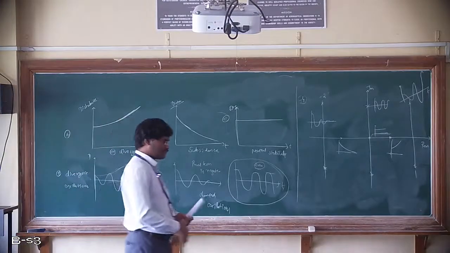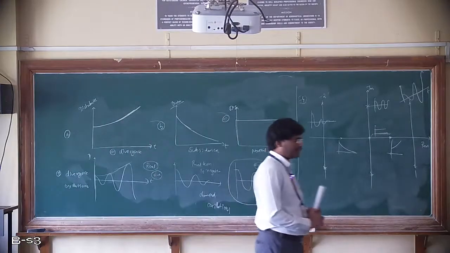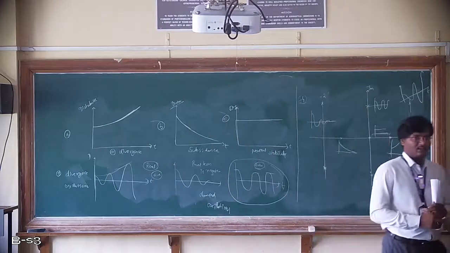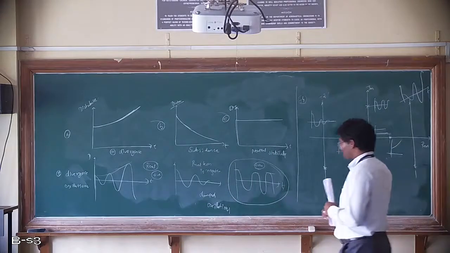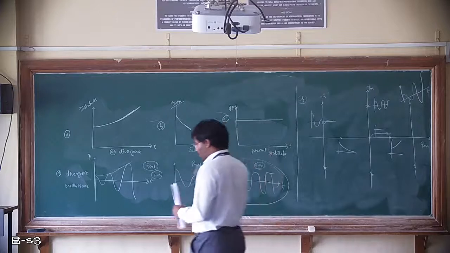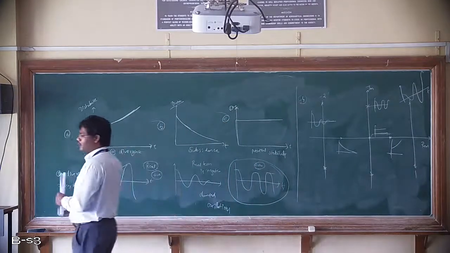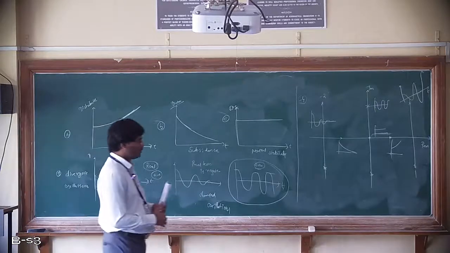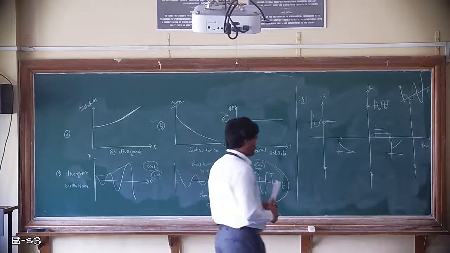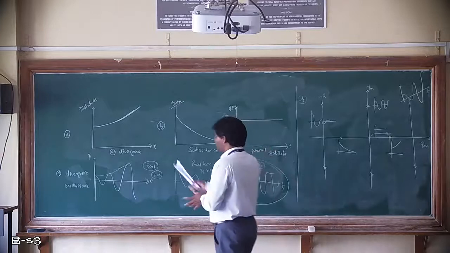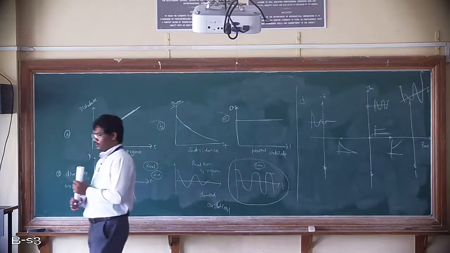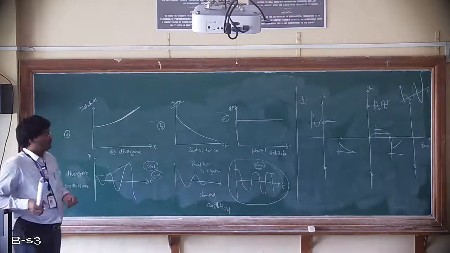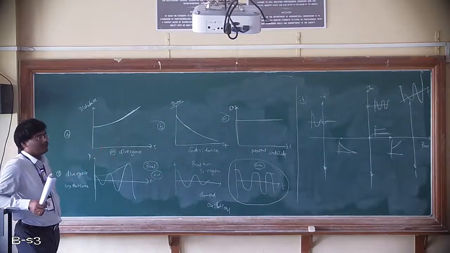From the transfer function you will get the characteristic equation. If you solve that characteristic equation, you will get roots, in control terminology the poles of the system. Based on the roots of that characteristic equation, you can comment on the stability of the system.